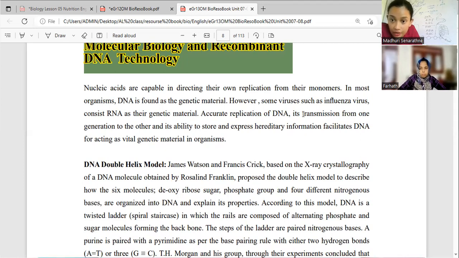Second thing is transmission of genetic material from one generation to the other.